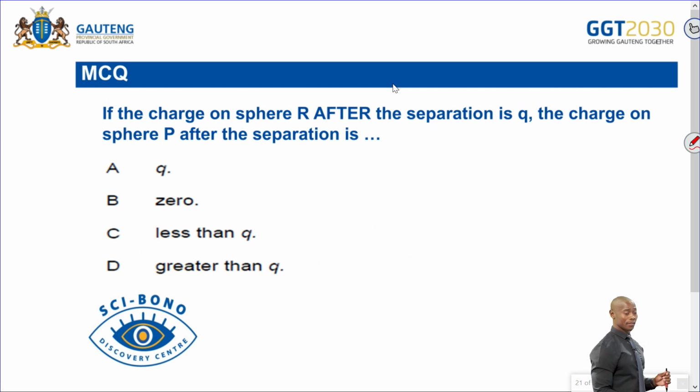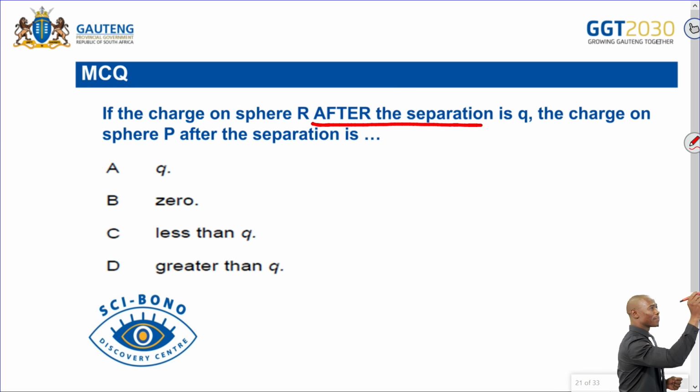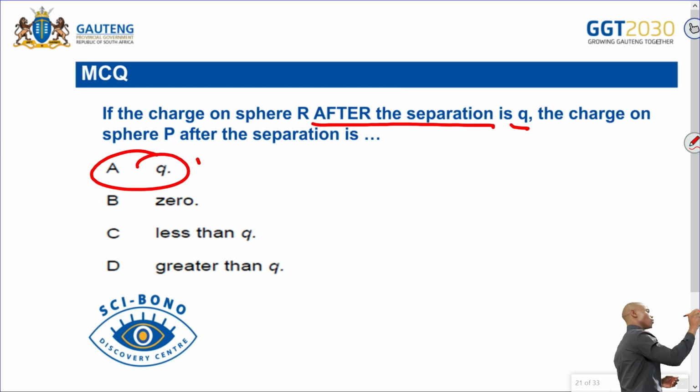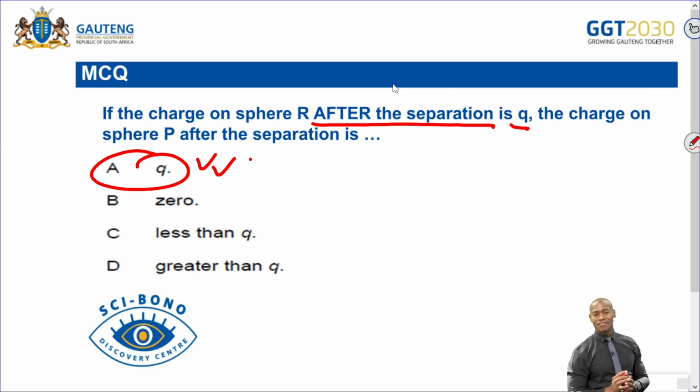Then, if the charge on sphere R after separation is Q, the charge on sphere P after separation is also going to be what? Q. The charge after separation is also going to be what? After Q. So you should know, right?